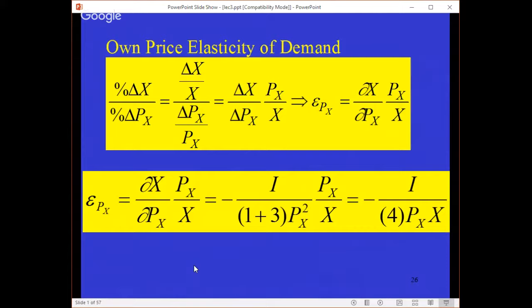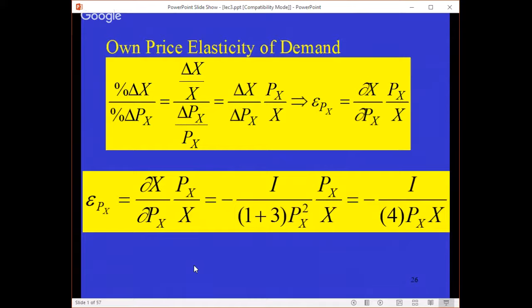Anyway, we're getting away from it. Basically I had 1 over PX, so that's PX to the negative 1. So the derivative of that would be PX to the negative 2, right? Times whatever we're multiplying. Negative I times 4 times PX squared over PX, or PX constant.